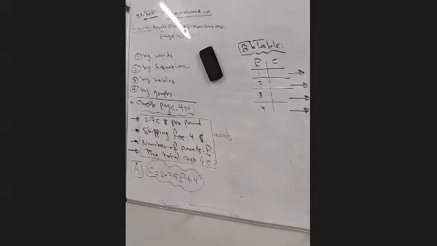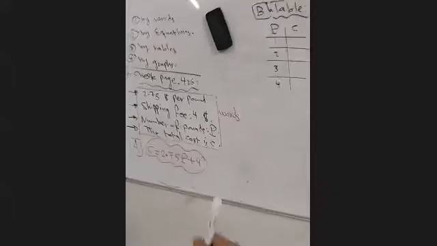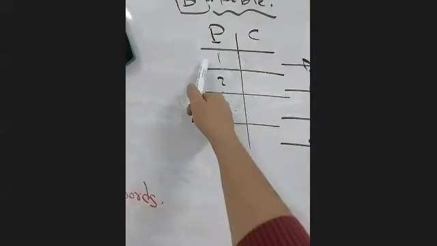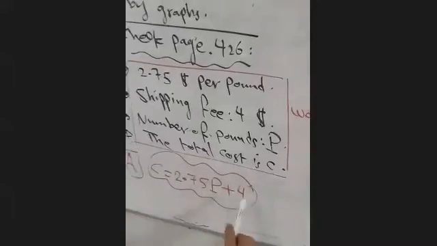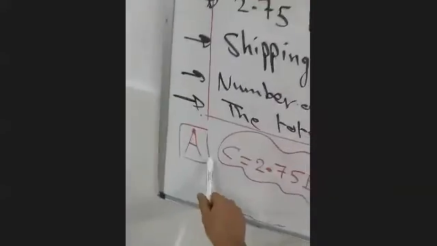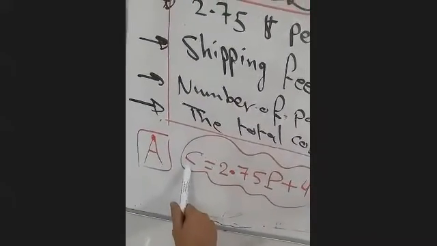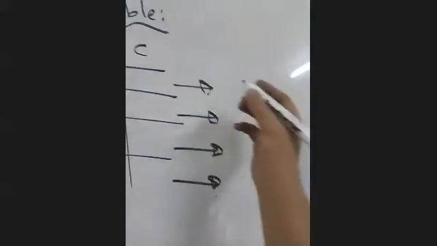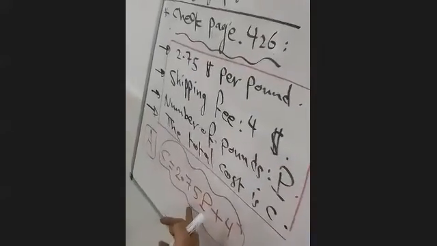2.75 multiply 1 plus 4. So I will replace P here by 1, then multiply and add, and find the answer of C. C means if you buy 1 pound, how much you will pay? You replace P here by 1.